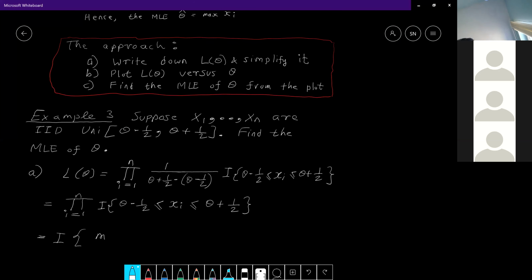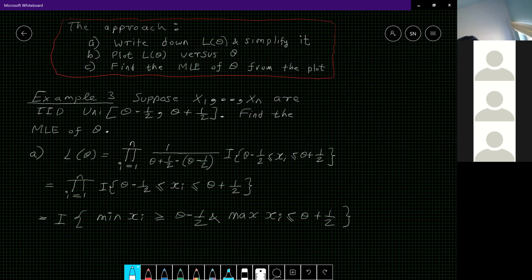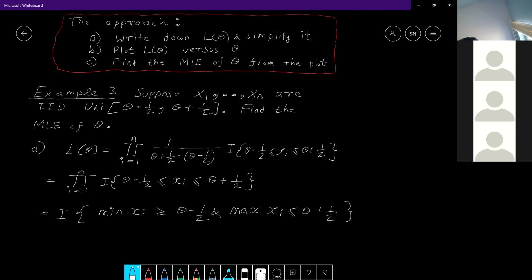xi is greater than or equal to theta minus a half, and the maximum of xi is less than or equal to theta plus a half. Okay, so this is what you get. Using the rule that I mentioned earlier, you can rewrite this as follows.